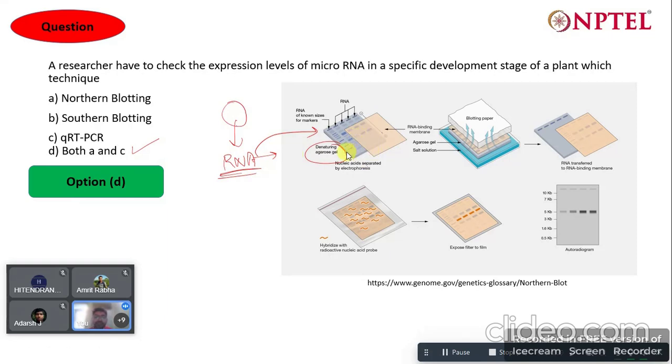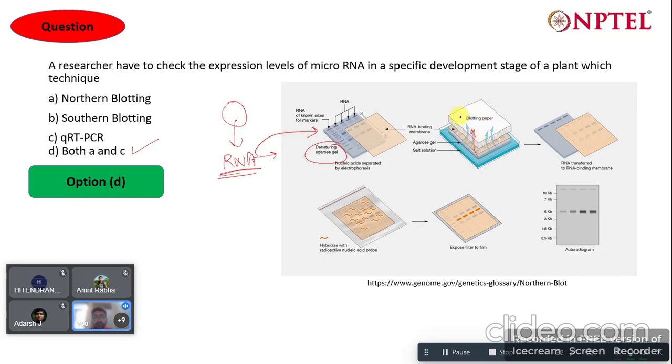We run this on a denaturing agarose gel, and then this whole gel is transferred onto a membrane. This membrane is an RNA binding membrane, that is nylon or nitrocellulose. To transfer this, we keep it in a solution that transfers it to the membrane through capillary action.